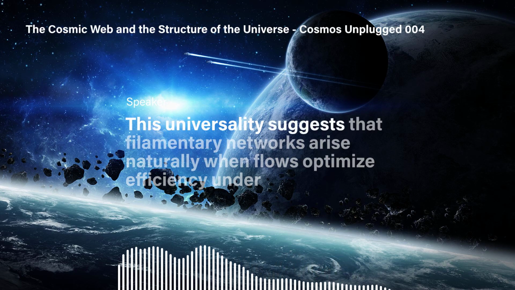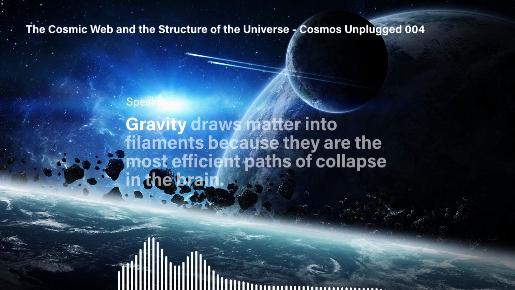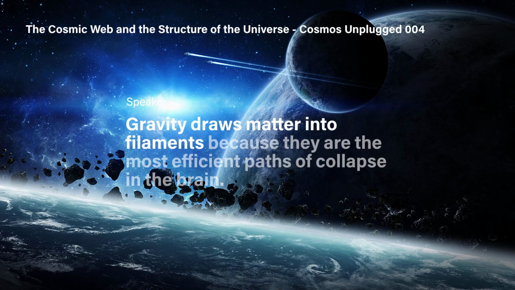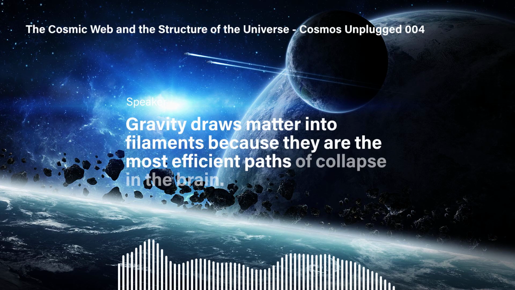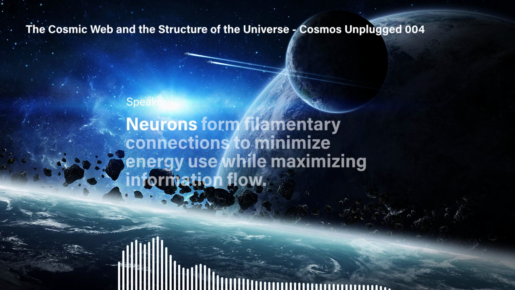This universality suggests that filamentary networks arise naturally when flows optimize efficiency under constraints. In the universe, gravity draws matter into filaments because they are the most efficient paths of collapse. In the brain, neurons form filamentary connections to minimize energy use while maximizing information flow.